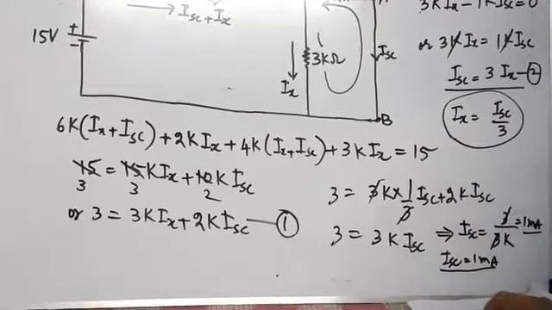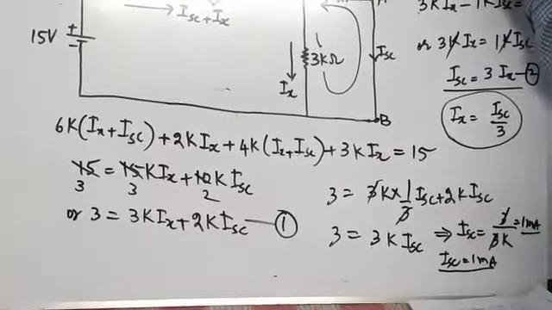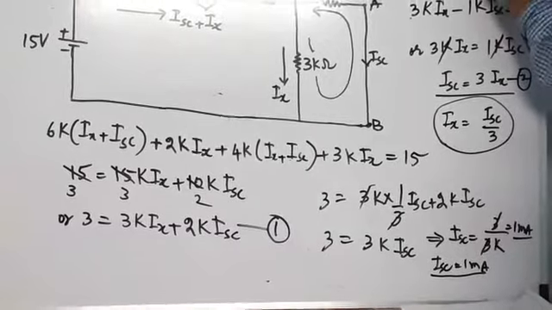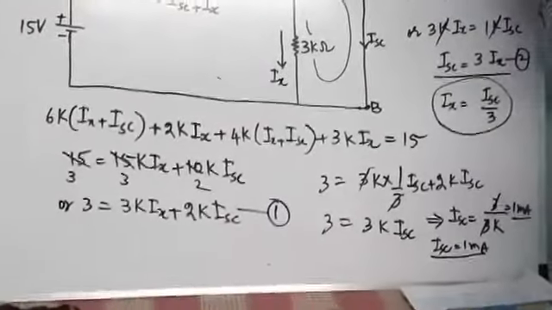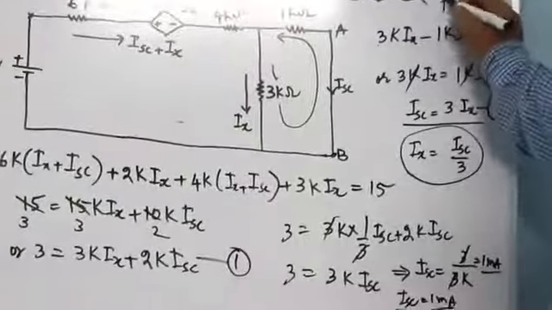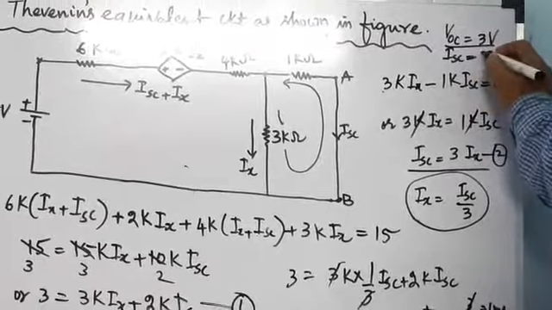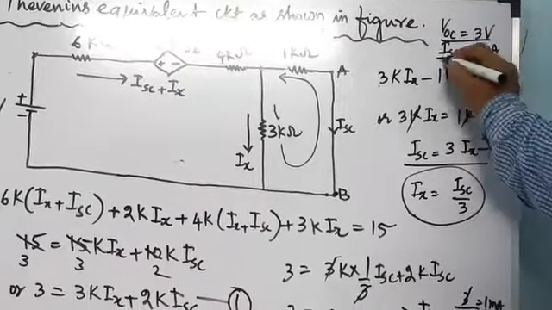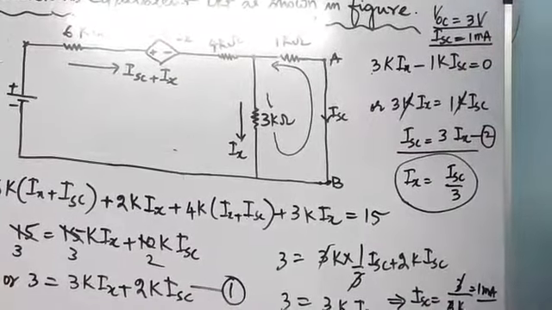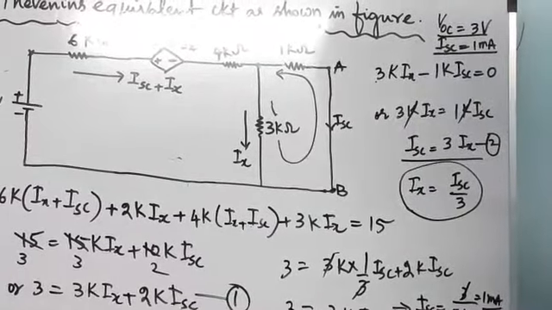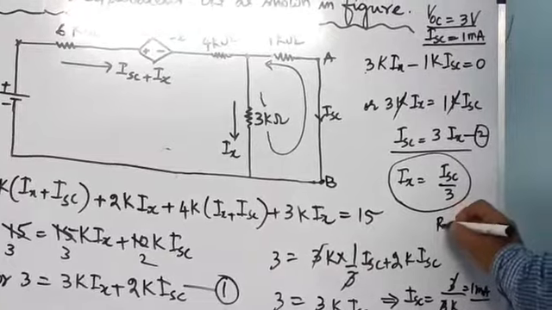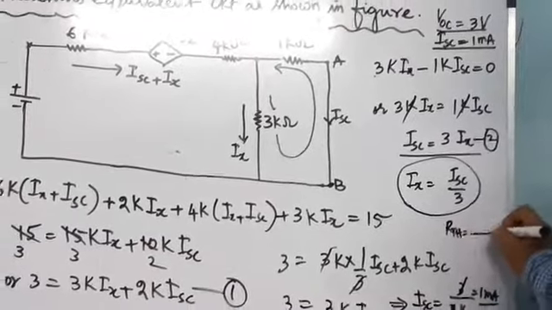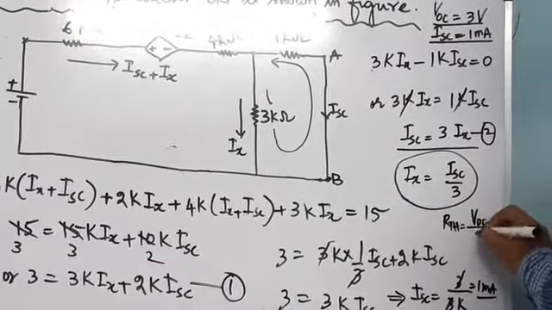Okay. Now how much did I get? VTH or VOC is equal to 3 volts, and Isc I got 1 milliampere from this circuit. So RTH is equal to VOC by Isc.